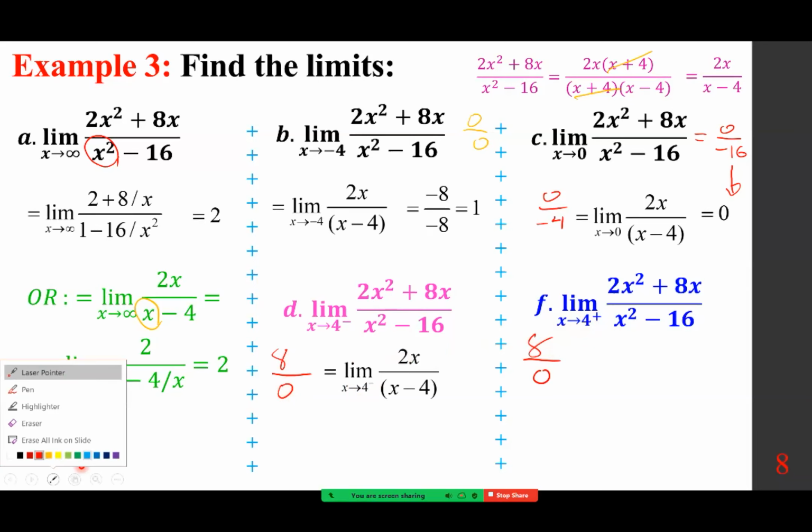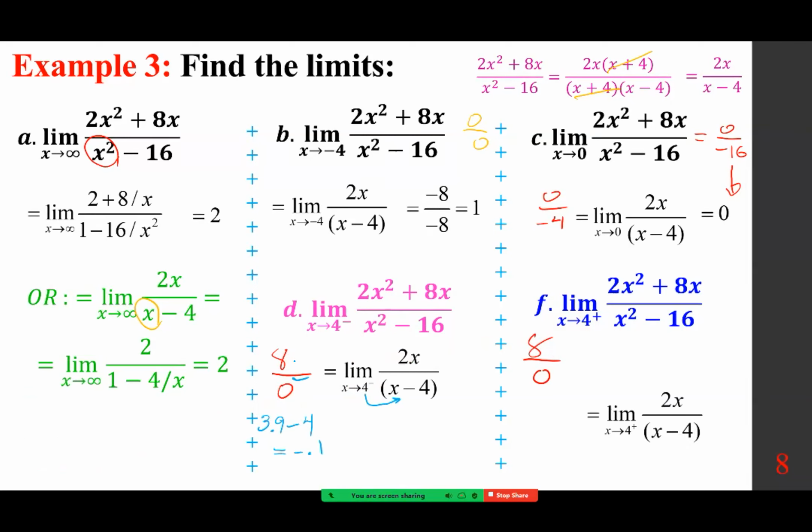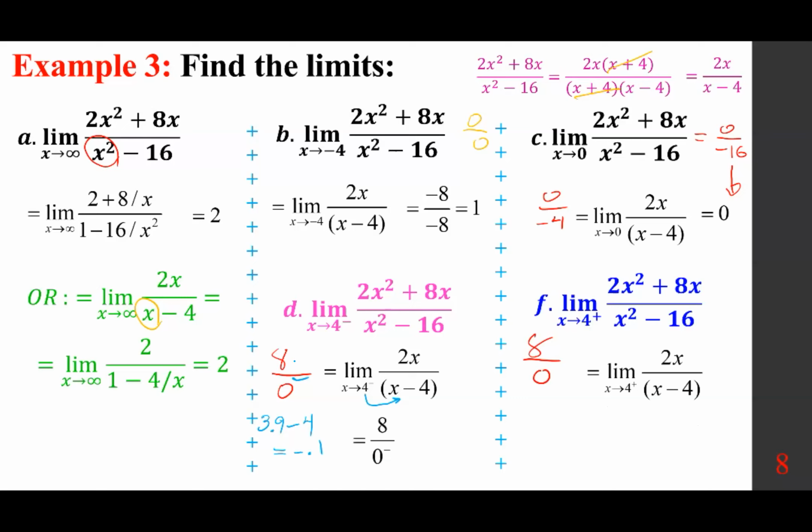If I plug in, let's say 4 from the left as an example, 3.9 minus 4, I get negative 0.1. So I have to put a negative sign, meaning 0 from the left. And 8 over 0 from the left results in positive over negative, which is negative infinity.